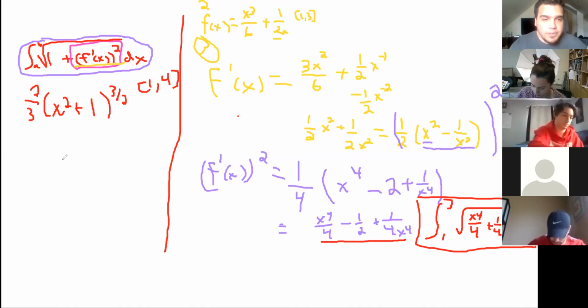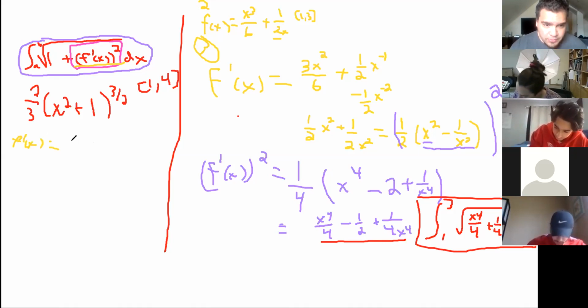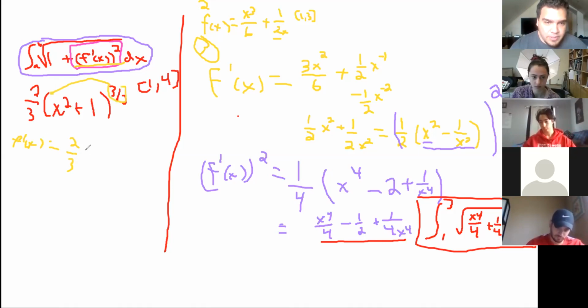Okay, so we're going to use that equation on top in the red. Before we can even use it, we need to find f prime of x, and from there we're going to find f prime squared. So the 2/3 is in front because it's multiplied, it doesn't disappear. We're going to move this one down, so that's 3/2.